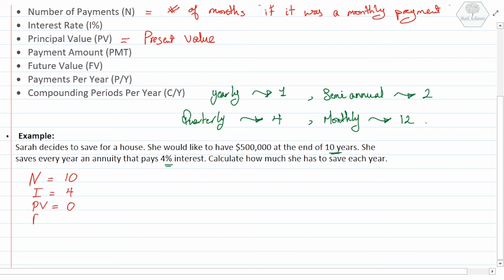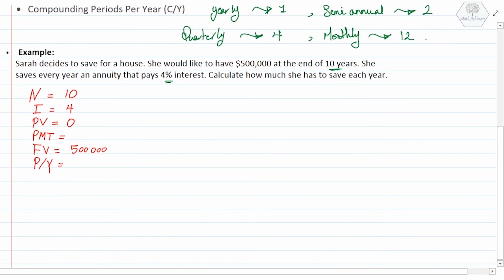And the PMT, the payment that she has to pay yearly, we have to figure it out. The future value is equal to the amount she wants to have, which is 500,000. And the payments per year, she will pay only one payment per year. So the payments per year is simply equal to 1, and compounding periods per year is simply equal to 1.